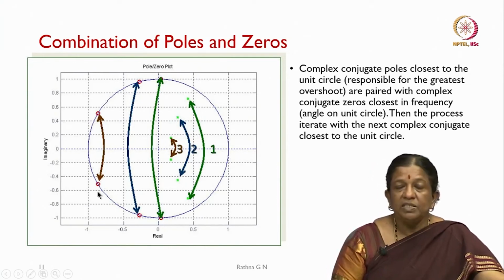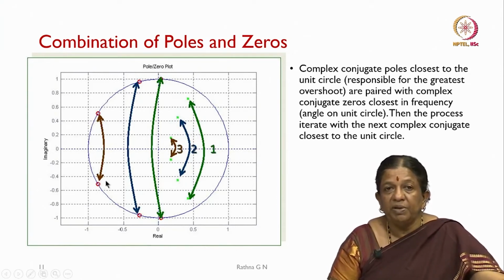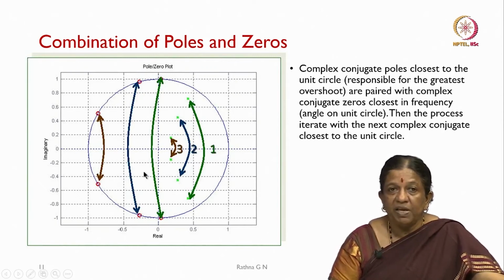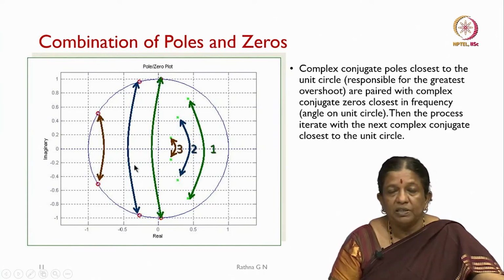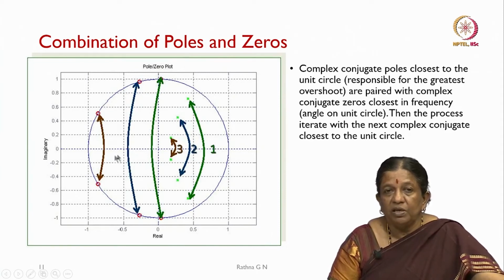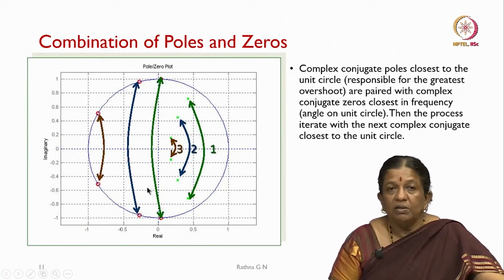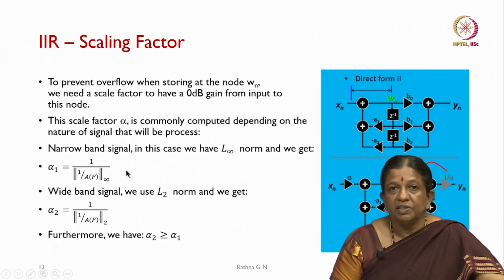Otherwise, one has to do a trial and error method, or see how the pairing is going to happen, as we have seen in the last class. The quality factor, and how it affects our pairing, is also one of the important aspects. This is one of the methods one can use so that we may get a good pairing of poles and zeros in our cascade section.